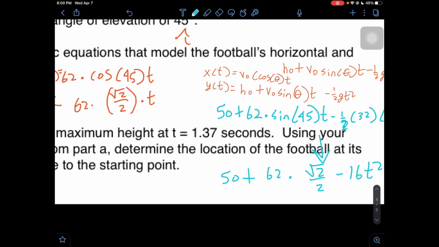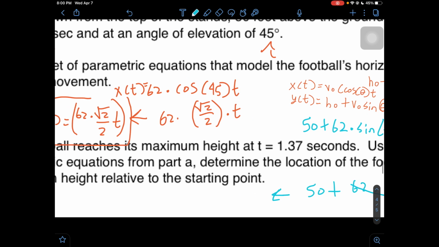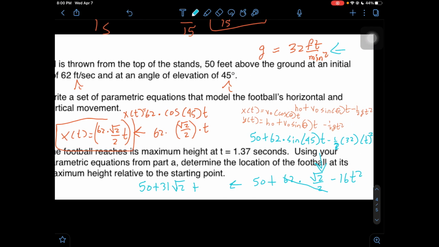If we divide 62 by 2, we get 31, so we can rewrite the equation: y of t equals 50 plus 31 square root of 2 times t minus 16 t squared, and that is our second equation.